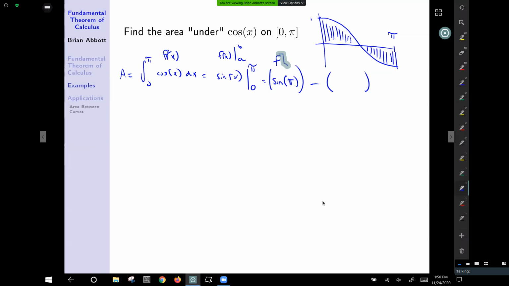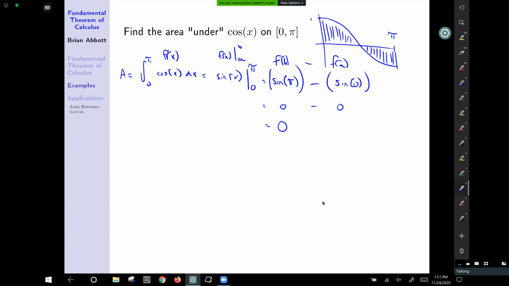So we've got sine of pi minus sine of 0. Sine of pi is 0, minus sine of 0 is 0. That thing doesn't have area of 0, but we've seen it positive and negative, and it's symmetrical above and below, so it should work out to be 0.